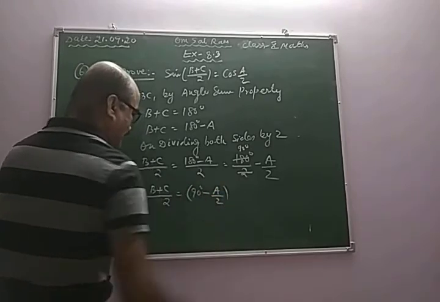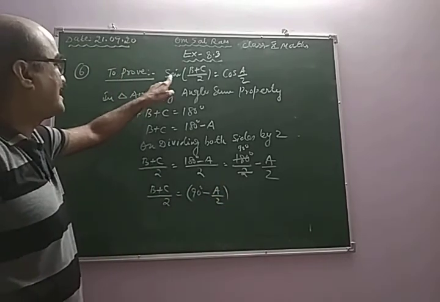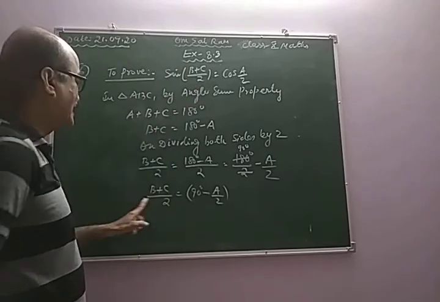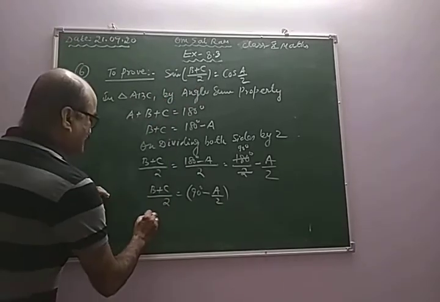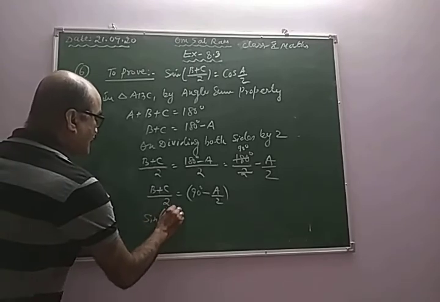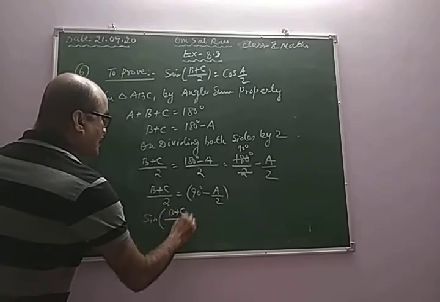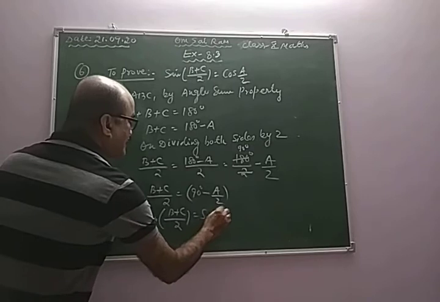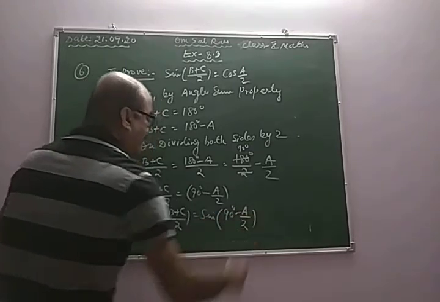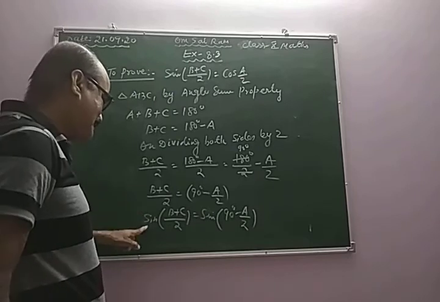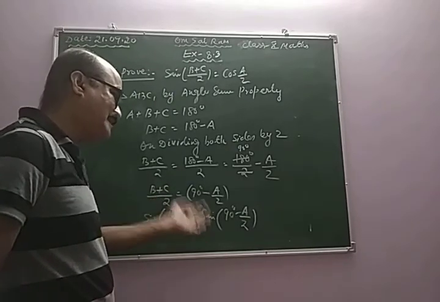Right? Now what do we need? We need sine of (B plus C) by 2. So we will take sine of the angle on both sides. I am taking sine here of B plus C by 2, and here also we will take sine of 90 degrees minus A by 2. Here I have taken sine, so I definitely have to take sine here also.